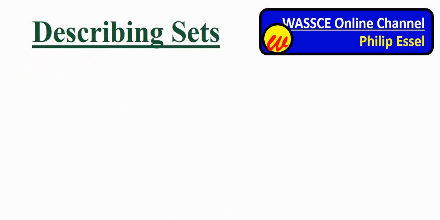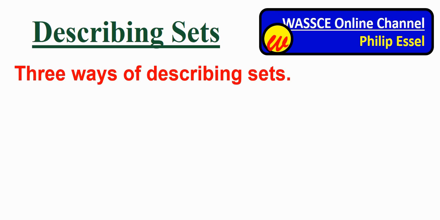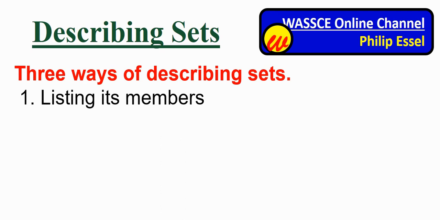At this point, we'll be looking at some ways by which sets can be described. So we'll be looking at 3 main ways by which sets can be described. First, sets can be described by listing their members.